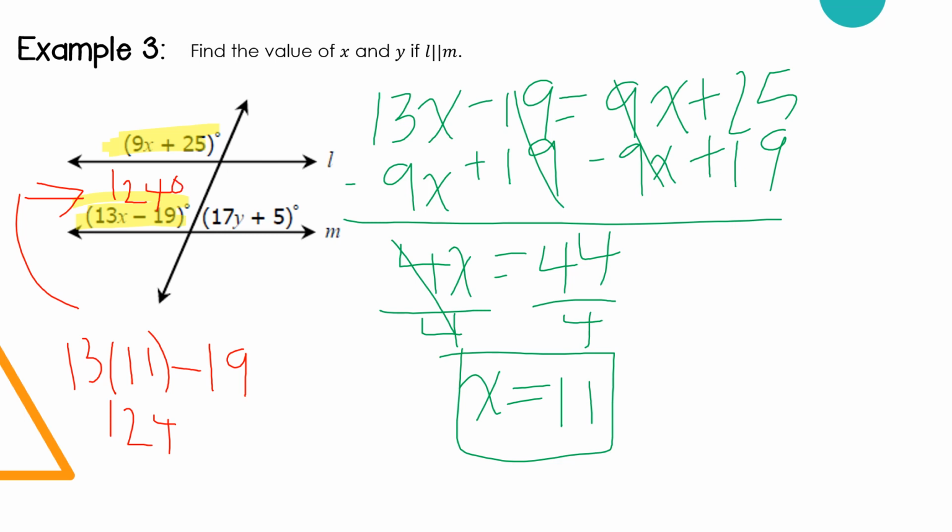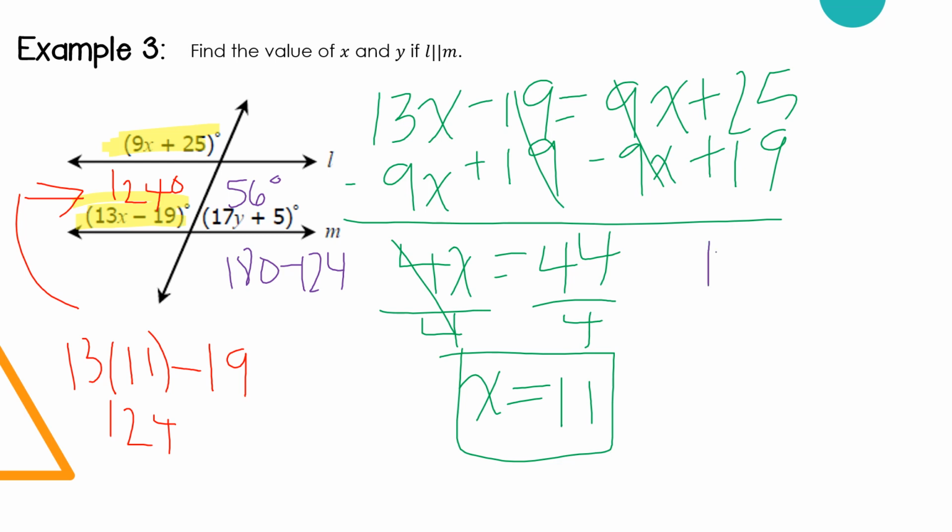Which means that the other angle, the 17y plus 5, again, those two angles have to add to equal 180. So if I do 180 minus 124, that gives me 56 degrees. So that means this angle should be 56 degrees.